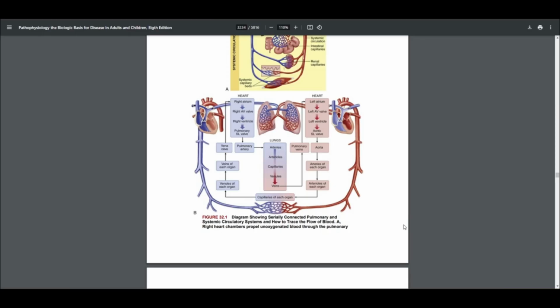The exchange happens, the oxygen gets dropped off, and that deoxygenated blood goes into the venules of each organ, through the veins of each organ, back to the vena cava, where it re-enters that right atrium and goes through that happy circle once more. So again, this is just a very 1, 2, 3 of basic anatomy.